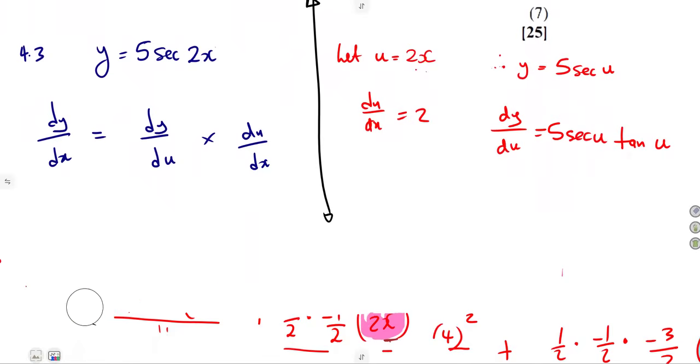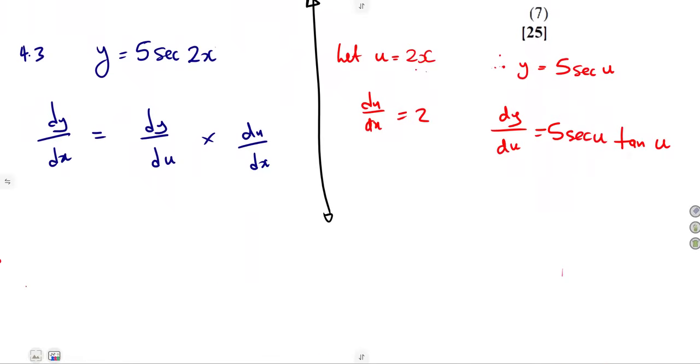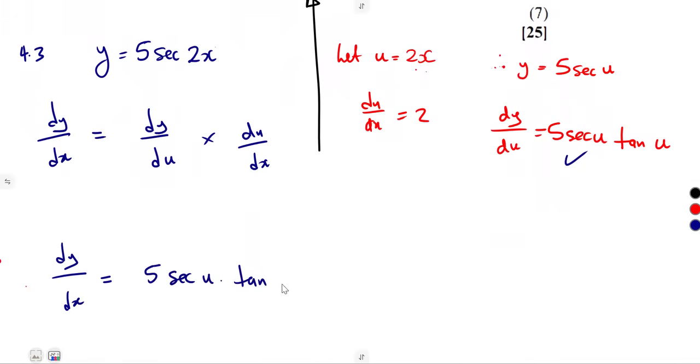Our formula is telling us that we can combine this by what? By multiplying those two derivatives. So that's this 5 sec of u times the tan of u times the derivative of u with respect to x, which is 2.